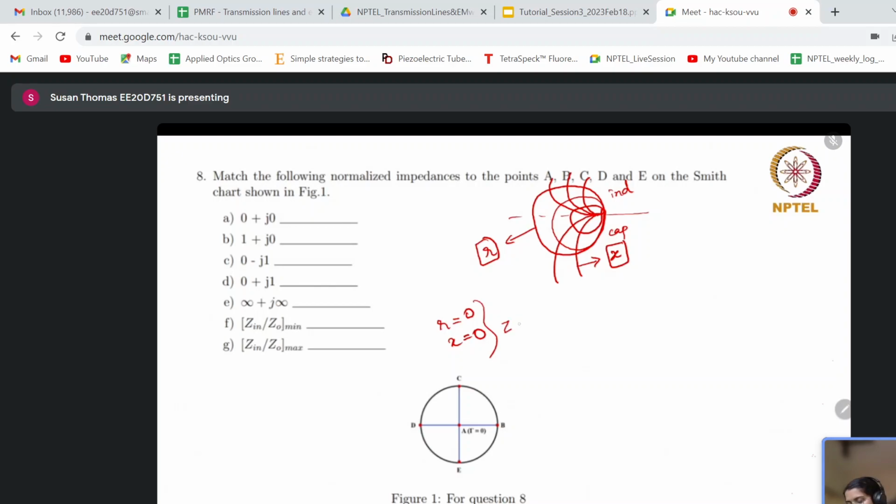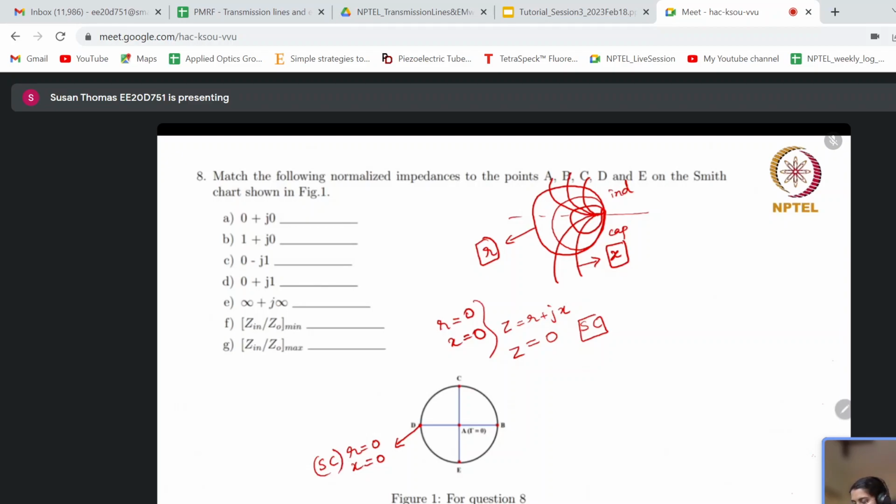We know that Z is R plus jX, so basically R and X are both 0. So Z equals 0, or I can say it is a short circuit. Where is the short circuit point? See the point D. At point D, R equals 0 and X equals 0, or we call it the short circuit point.